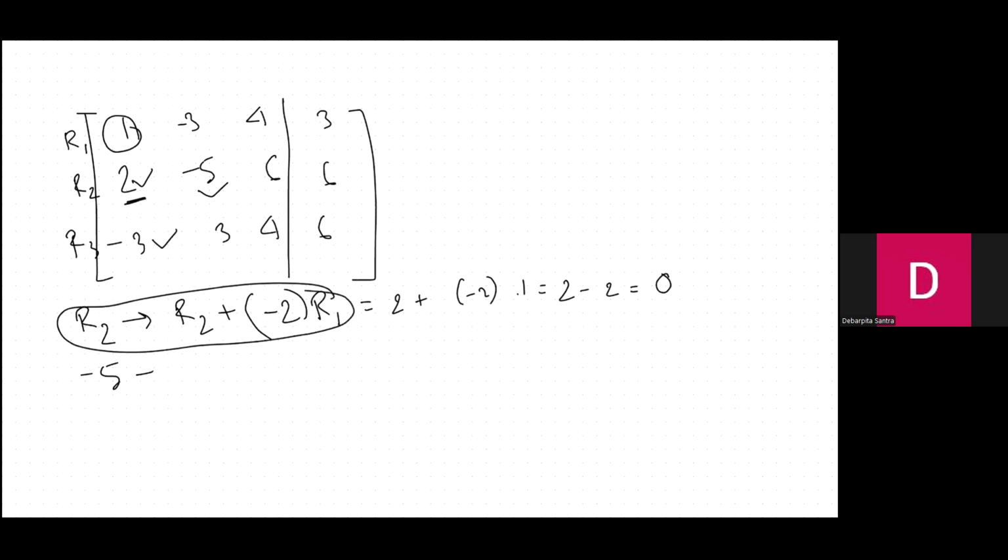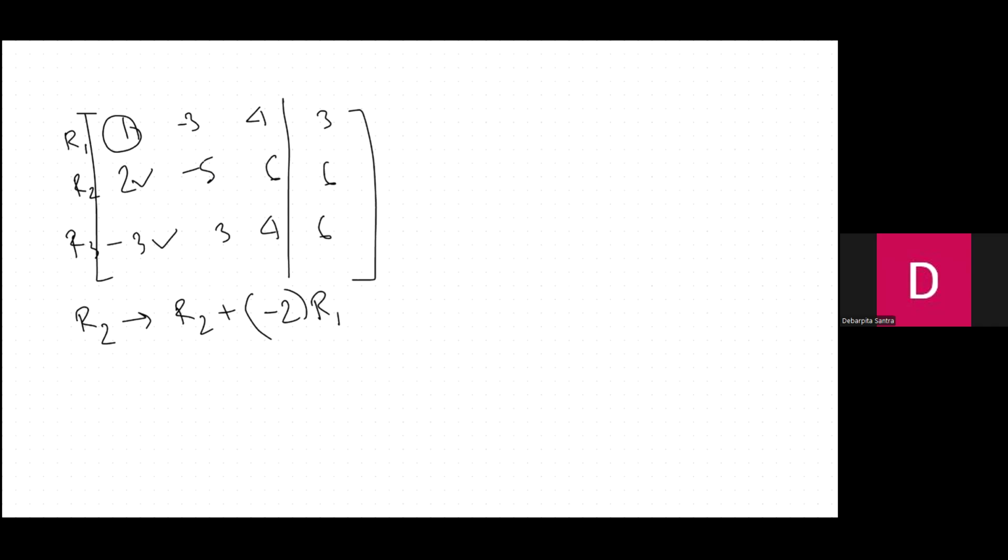We are just doing this operation, so we find the matrix like this. The first row remains as it is, that is 1, minus 3, 4.